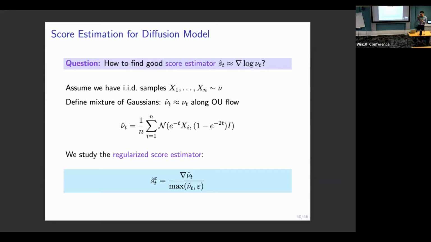What is the class of distributions whose scores are well approximated by neural networks? I don't know, but I think there might be some recent papers along that question. Happy to discuss more. Thanks.